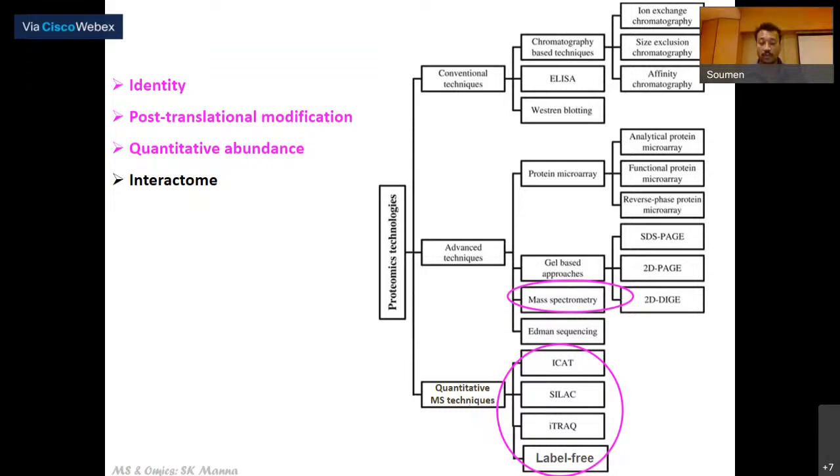First of all, who is present there, how much of each is present, and how they interact with each other. The interaction between proteins has, I hope, been discussed by Dr. Prasanna before, so we'll not get into that. We'll mostly focus on how to identify the protein, how to get to the post-translational modifications, and then how to quantitate them.